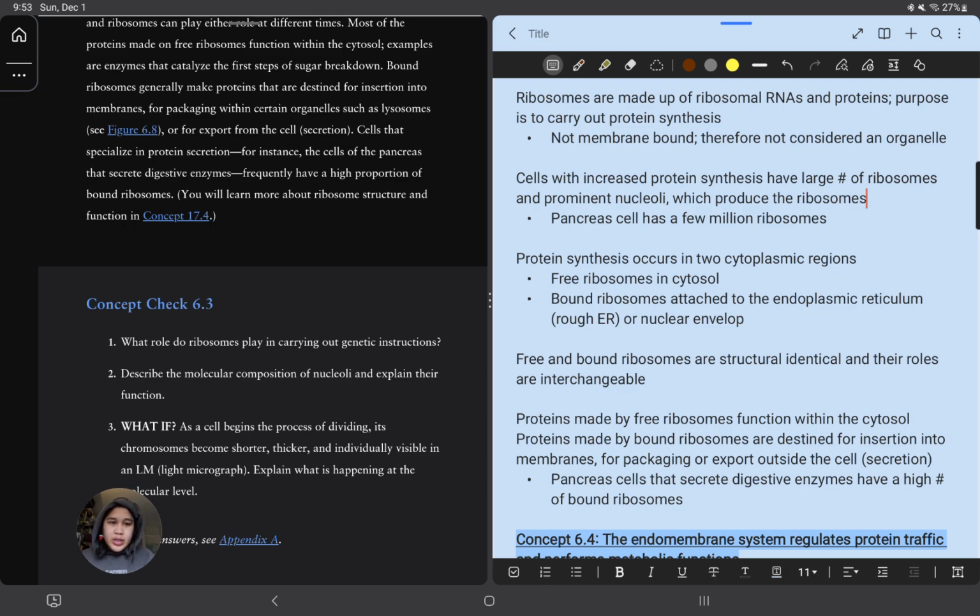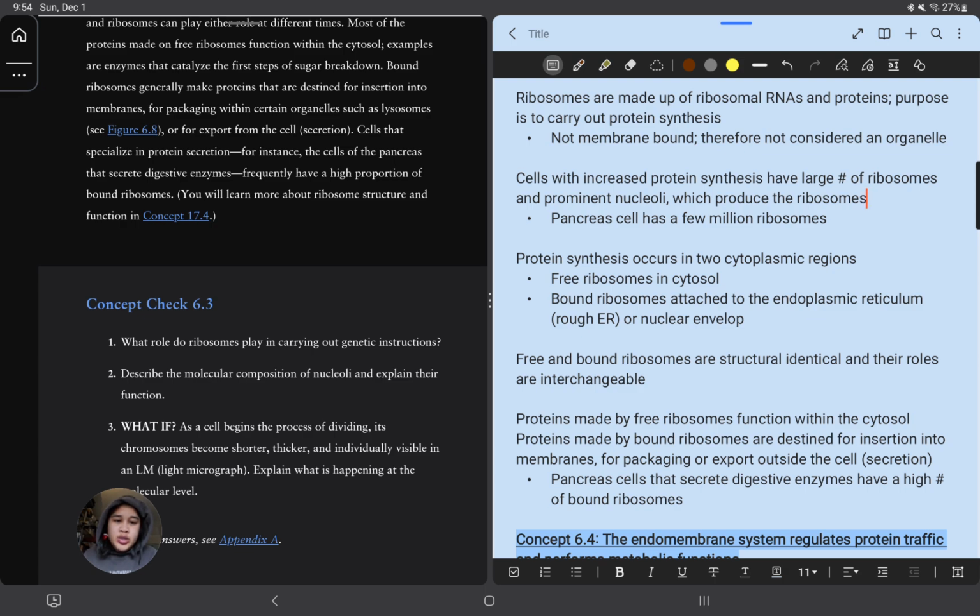So the stronger the nucleoli, the more ribosomes exist or are created, and therefore more proteins are synthesized. An example would be the pancreas cell, which has a few million ribosomes.